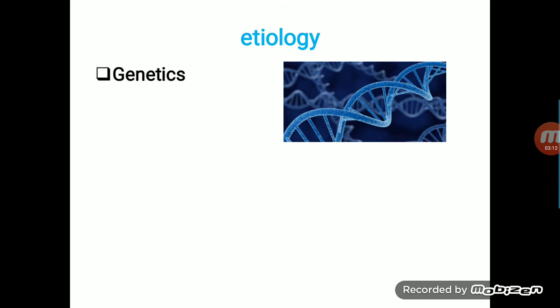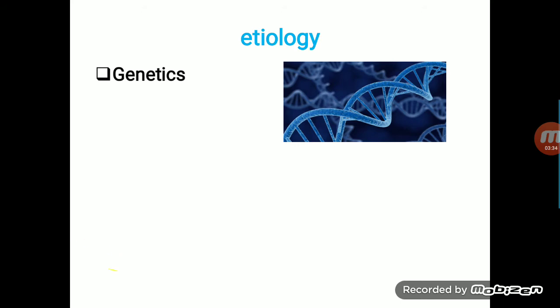So suppose in a family one sibling is diagnosed with ADHD, then there is a high chance that the other sibling will also get affected with this disorder. Also, biological parents who have been diagnosed with ADHD or who have suffered from ADHD in their earlier age have a higher chance of transmitting it to their children.